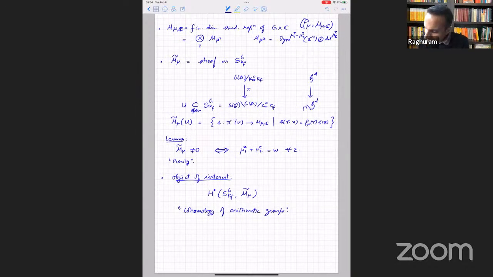Because if I look at just one of those connected components and look at the restriction of the sheaf on that connected component, if it's actually a covering map, this sheaf cohomology group is isomorphic to the group cohomology of that discrete subgroup with coefficients in that vector space mu on which it acts. And this right-hand side is the cohomology of the arithmetic group gamma nu, and hence the name of the subject.